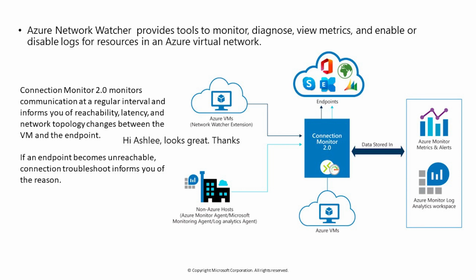There is a monitor called Connection Monitor, which monitors entire communication at regular intervals. At least for the networking team, it will be easy, as you can be informed about reachability, latency, topology changes, anything. And if any of the endpoints goes down or is unreachable, connection troubleshoot informs you of the reason, what exactly the reason was.